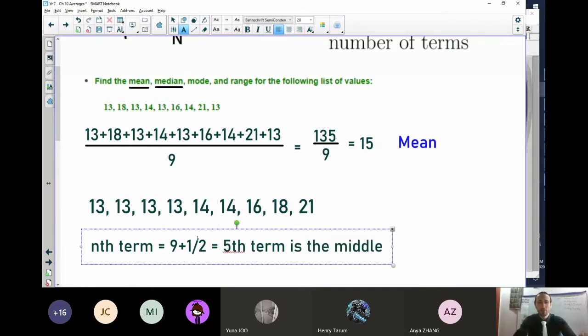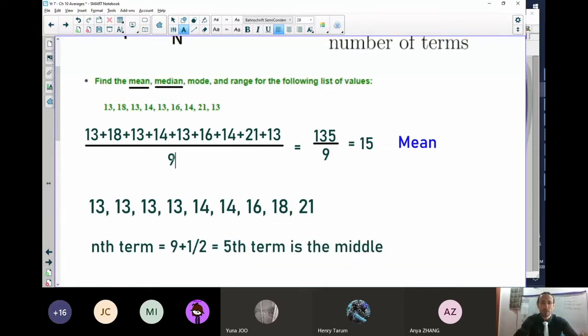Now, one thing you'll notice is that when we have an odd number of terms, okay, we end up with a whole number for the middle number. We end up with one of these will end up being our middle number. But if we have an even number of terms, that's when we get that 5.5 or 11.5, where we have to find then the middle between two of those numbers.